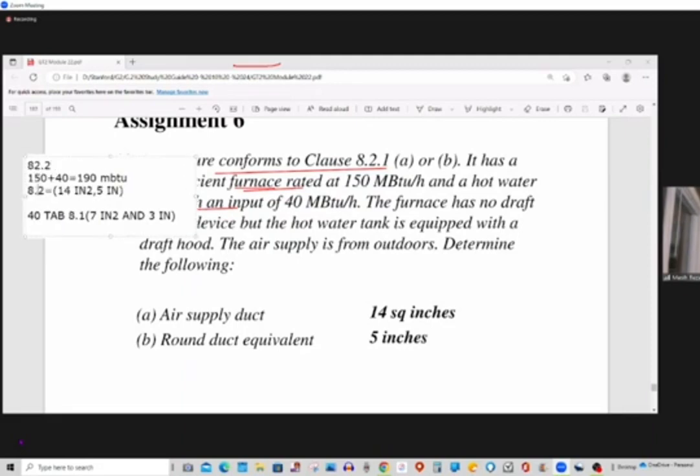In 8.2.2, you will see it tells you, first of all, go to table 8.1 and get the draft control: 7 inch square and 3 inch. Then you add them together, 14, and the answer is 14 and 5.